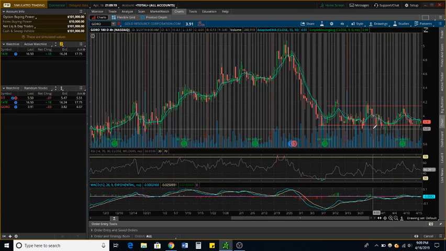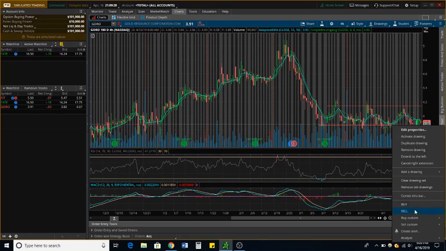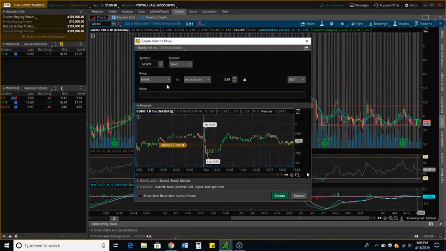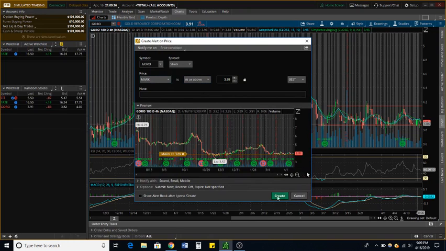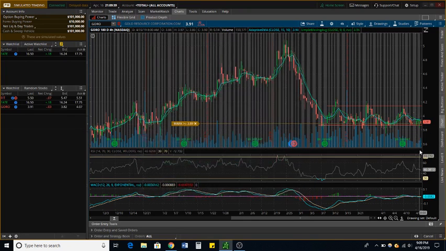So this is something that I'll definitely try to look for. Okay, I'll set an alert to see if it gets close to resistance and see if it bounces. At or above. Create.